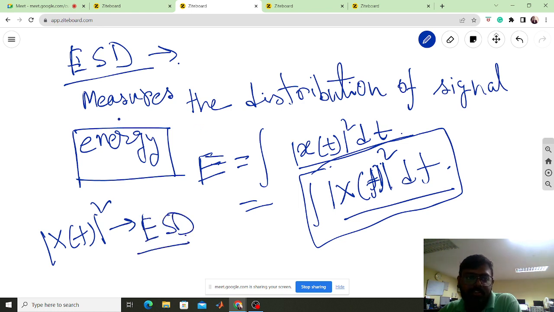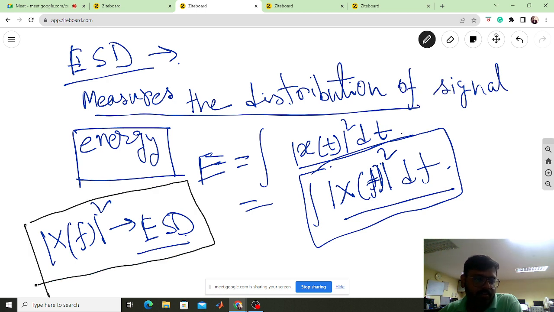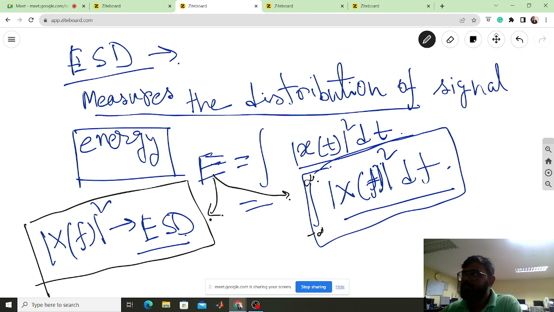So how this distribution of this signal, x(t) square, X(f) square, this is f, the frequency domain notation, this quantity is the ESD of the signal, and then we just integrate over minus infinity to infinity this quantity, and we can get the energy. So that is why this is ESD.